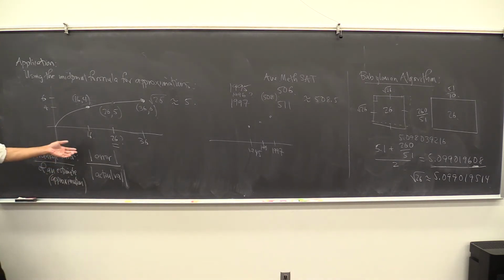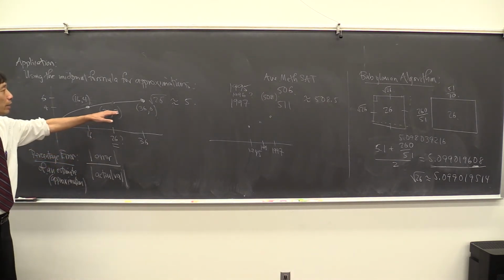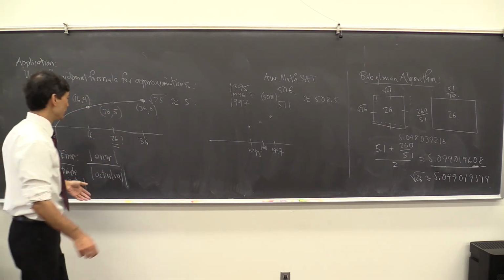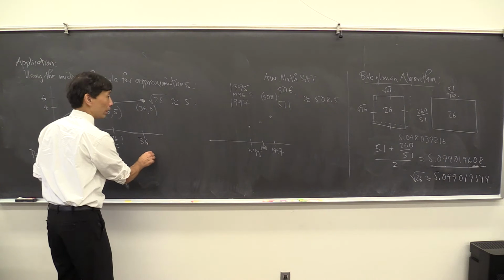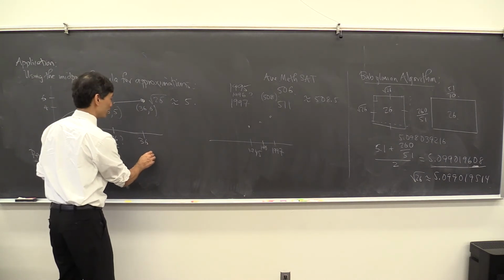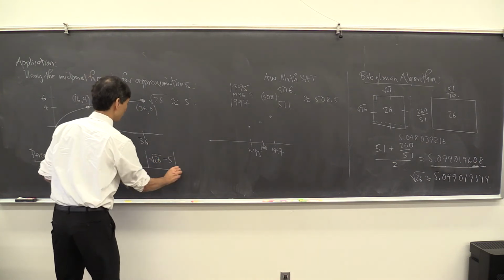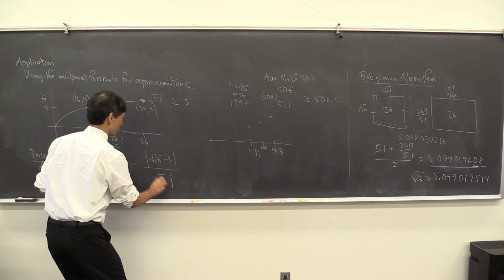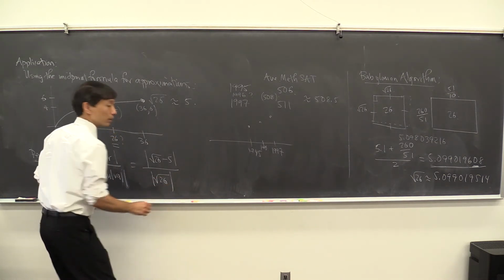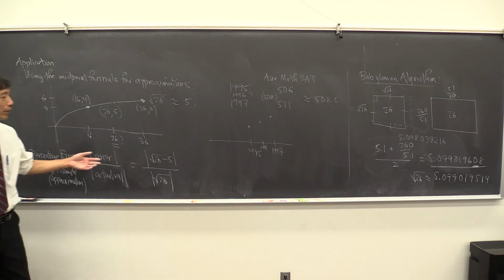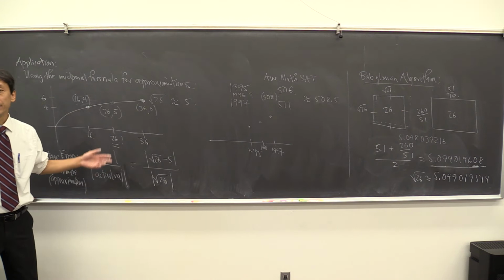So here you've got this estimate, it's 5. What's my error? Well, I take the absolute value of the square root of 26 minus 5, and then divide by the square root of 26. That would give you the percentage error.